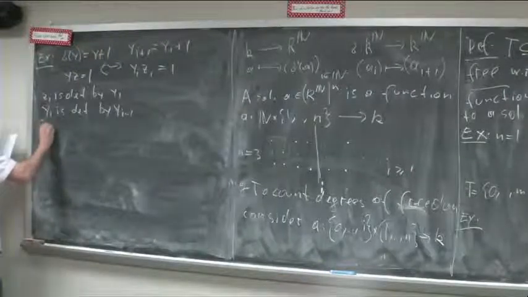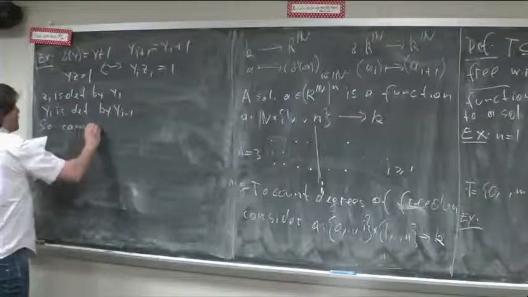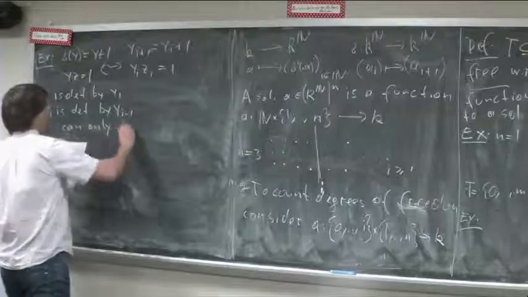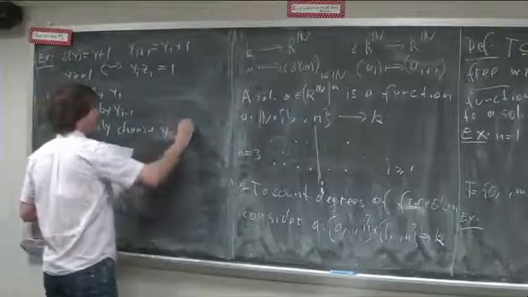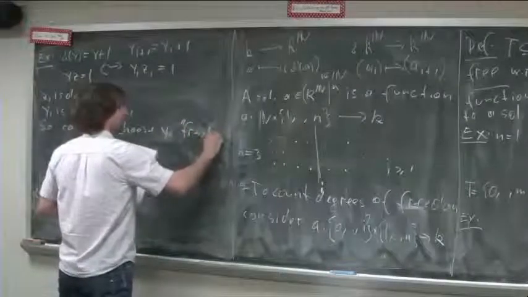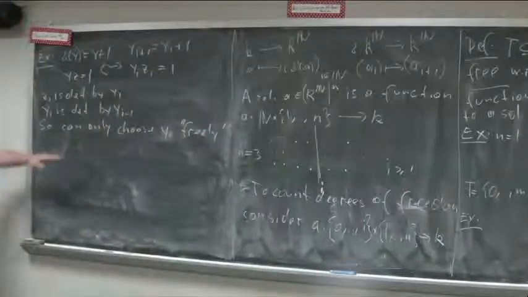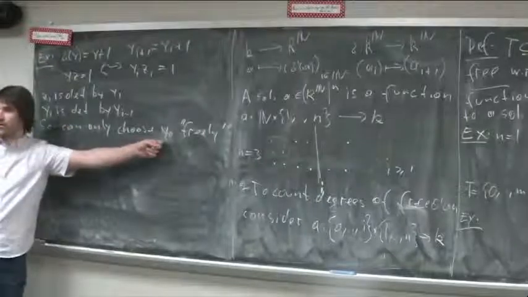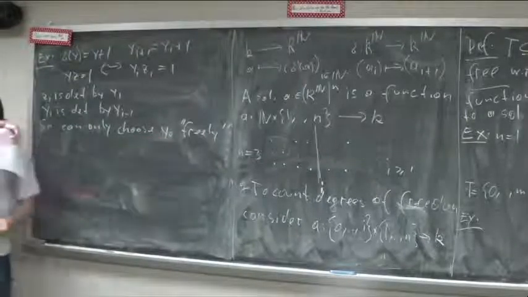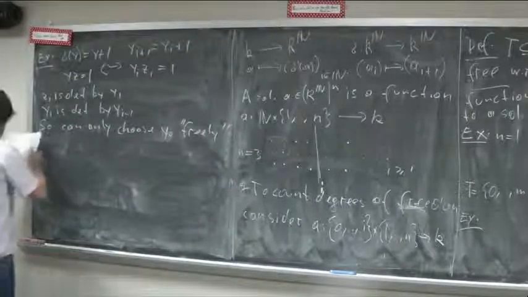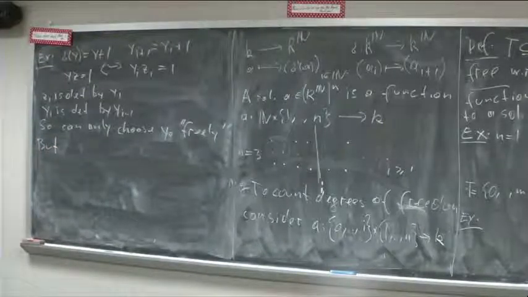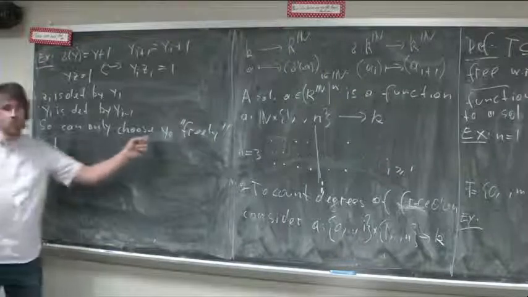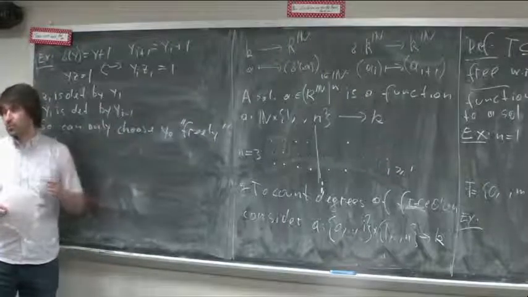So we can only choose the y0 freely. Let me put this in quotation marks. So essentially, you think you can choose the y0 freely. However, the catch here is that not all choices of y0 actually lead to a solution.